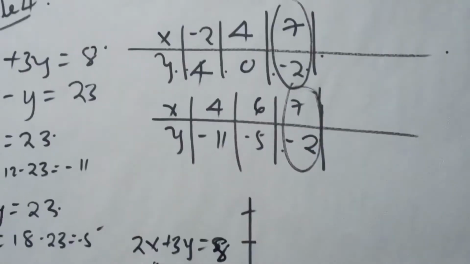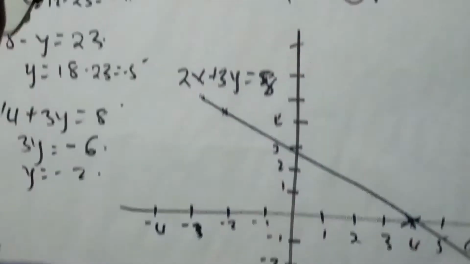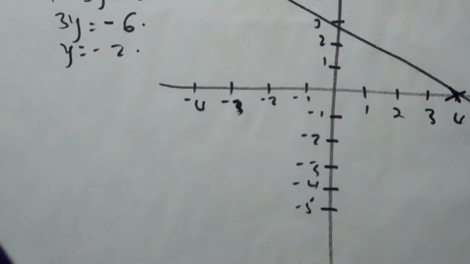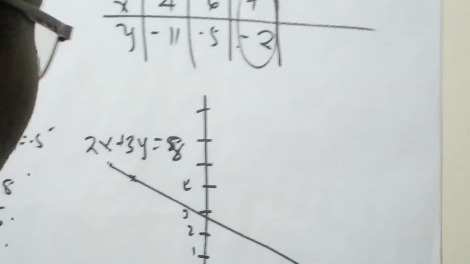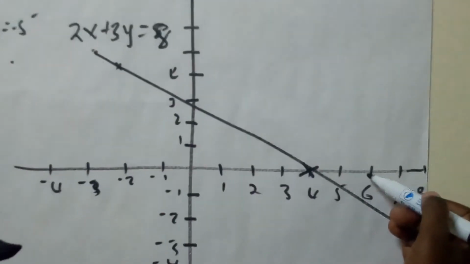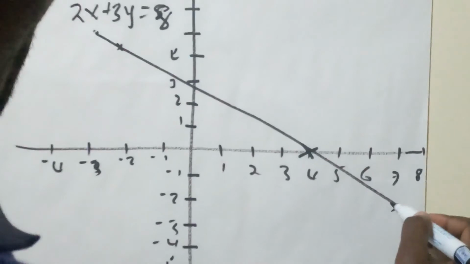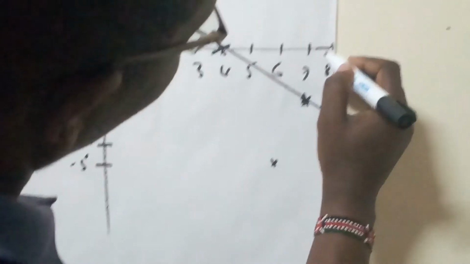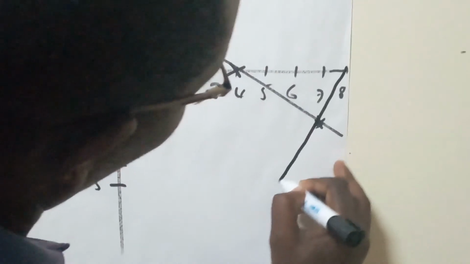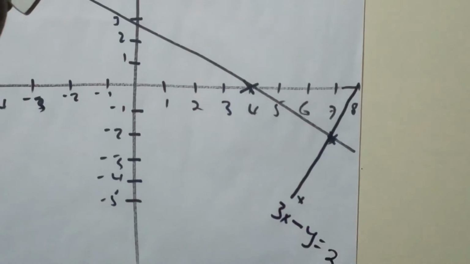For the second line, when x is 4, minus 11, when x is 6, minus 5 there, when x is 7, minus 2, you can see the same point is on both lines. And that means, again using a ruler, you should have such a line and name it. This is 3x minus y is equal to 23.